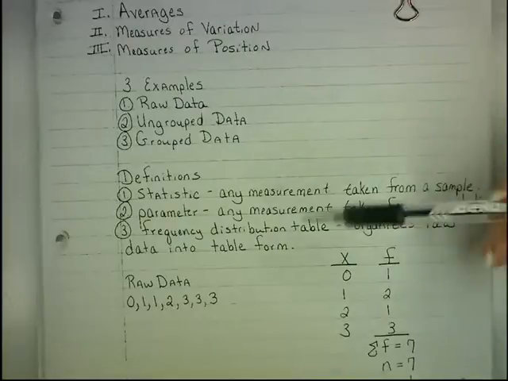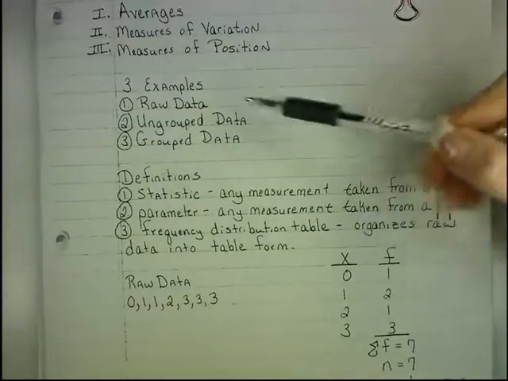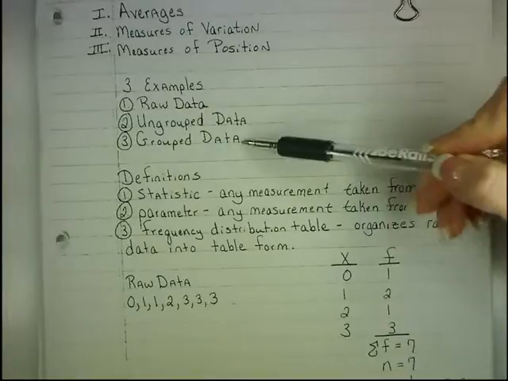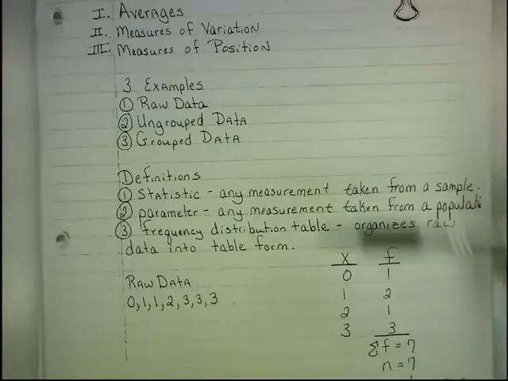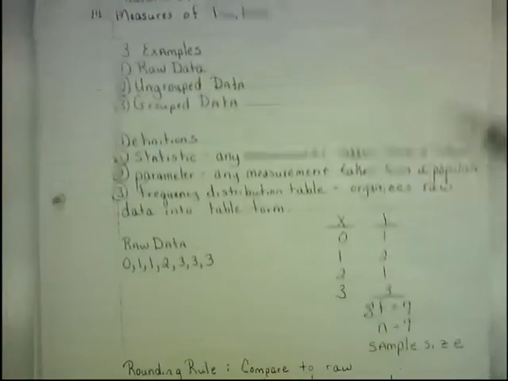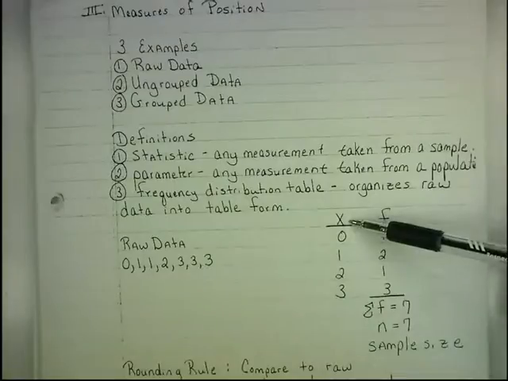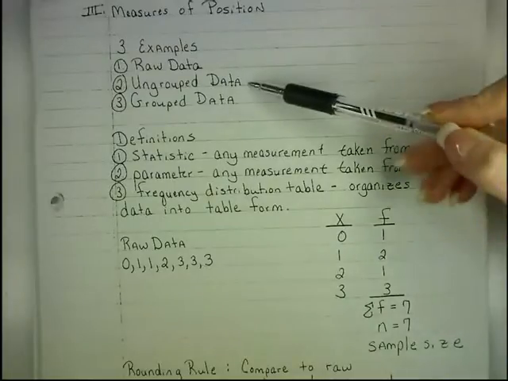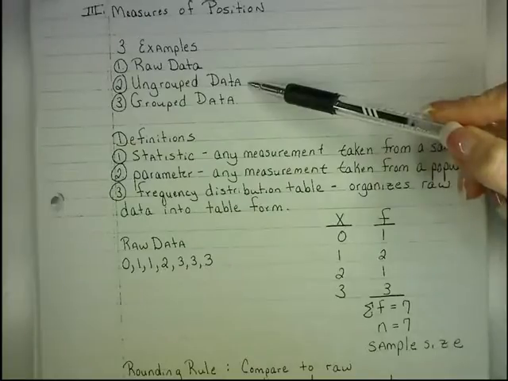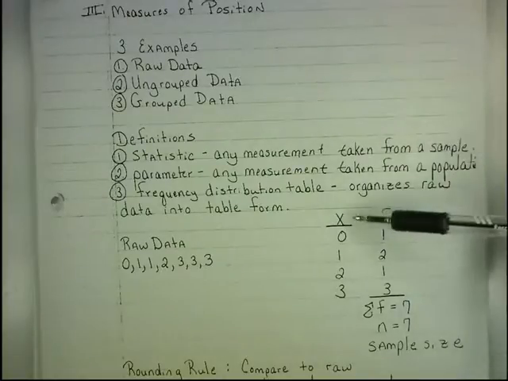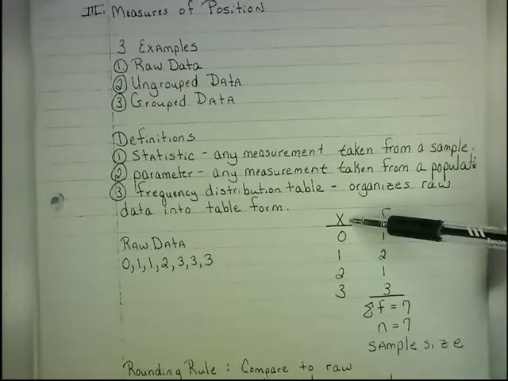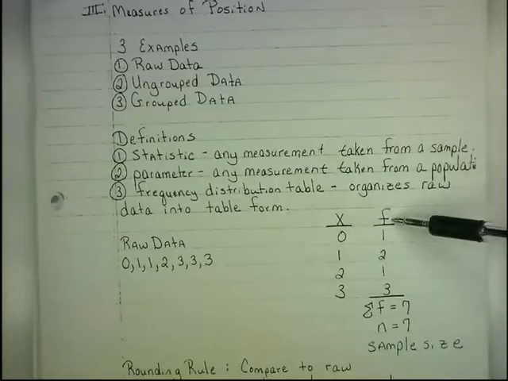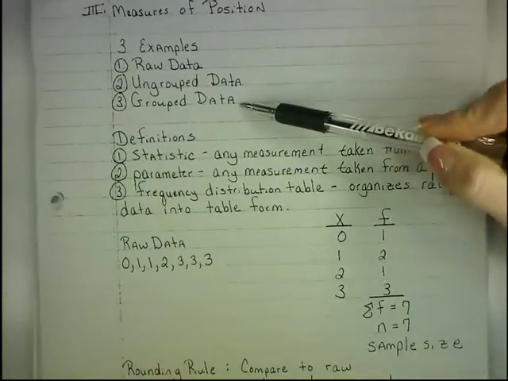When you see a table, the problem will either be ungrouped or grouped. Basically, a table will consist of an X column and a frequency column if it is ungrouped. A table will consist of a class boundary column and a frequency column if it is grouped.